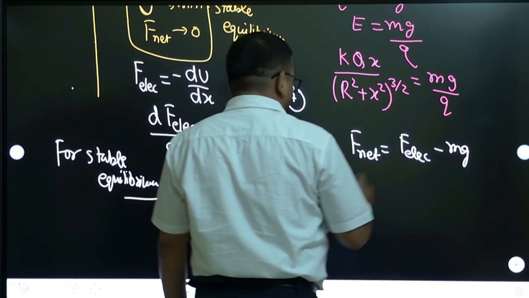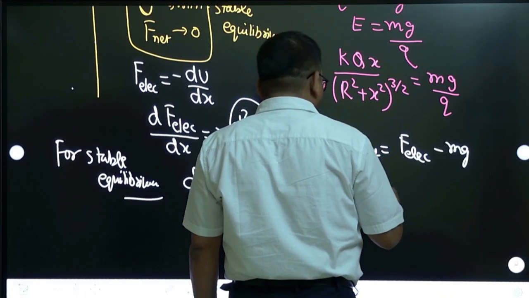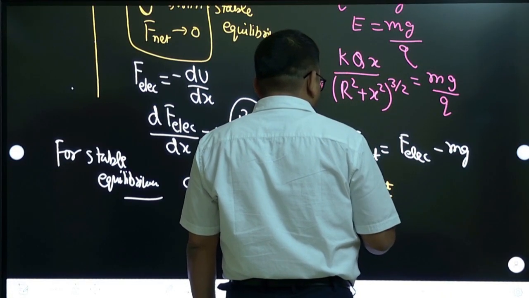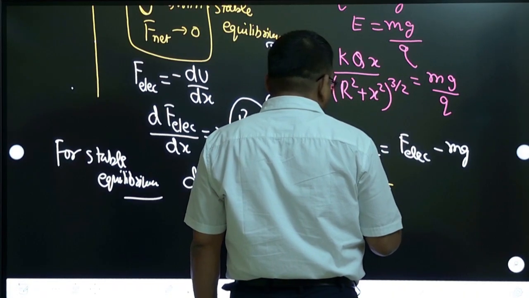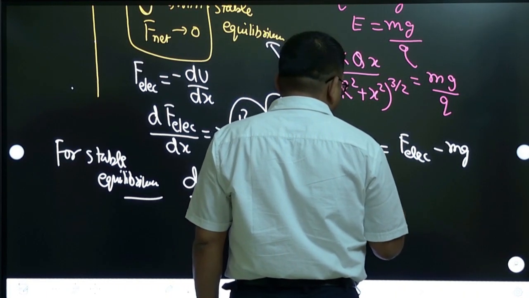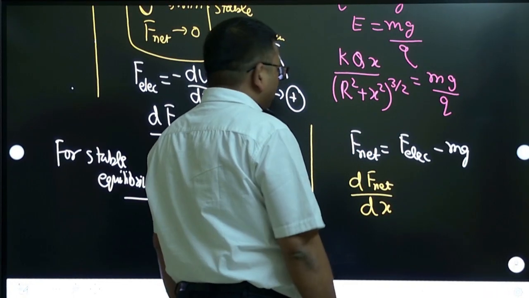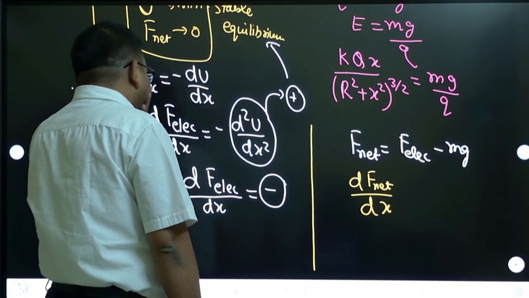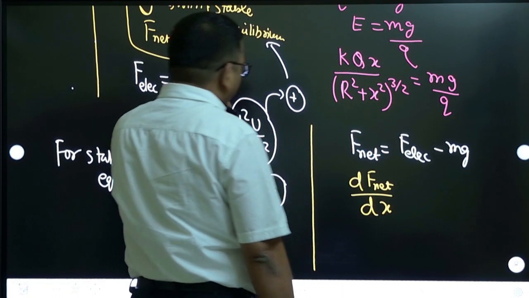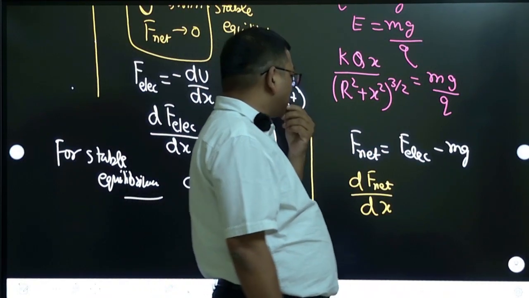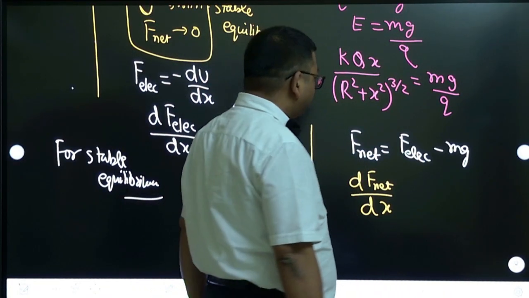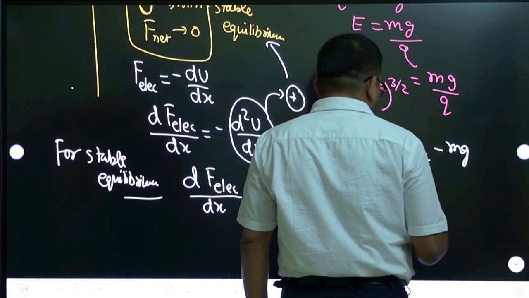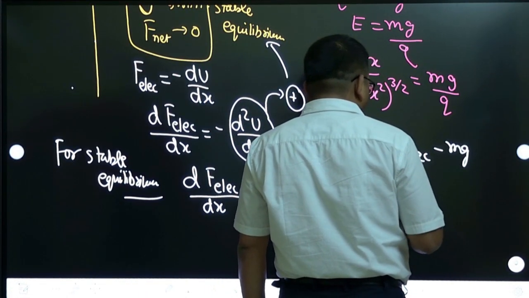Differentiation you try. Even you can differentiate the net force, but the differentiation with respect to x we need to do, right? And the net force, it is in equilibrium, so of course this will be zero in equilibrium.